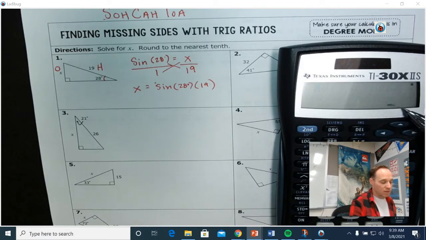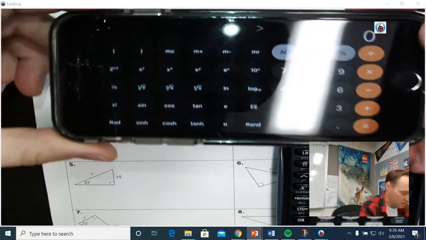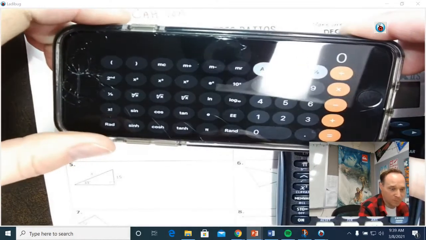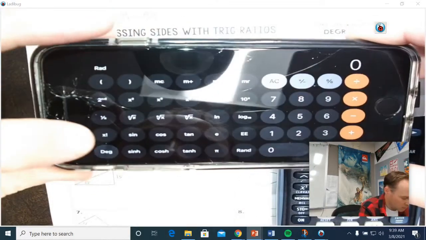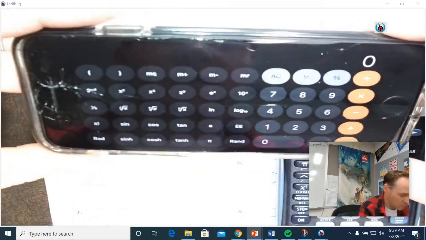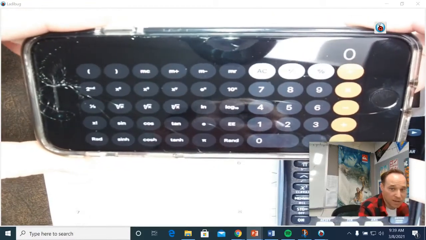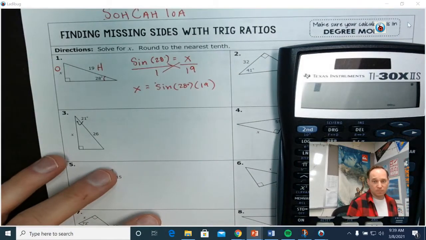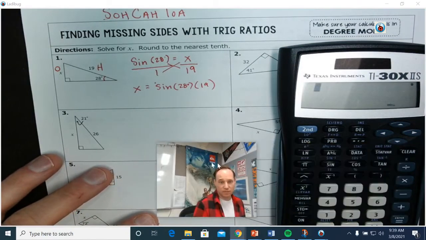If you need to work on that, we can figure out how to do that later. But make sure your calculator's in degrees. If you have a smartphone calculator, it's almost always in degrees. Oh yeah, there. See how it says radians? We don't want that. We want degrees. So I'll show you how to do the calculator first, then the smartphone.